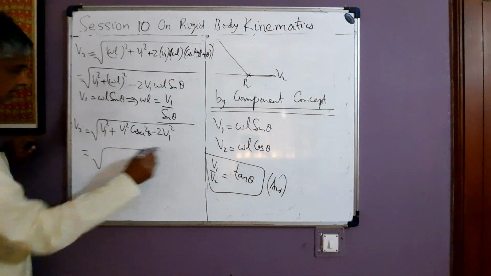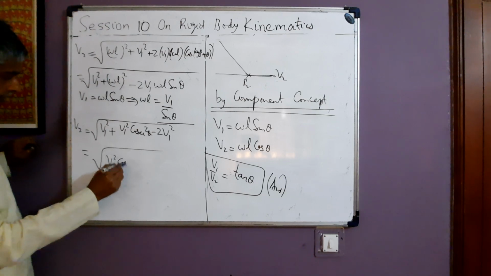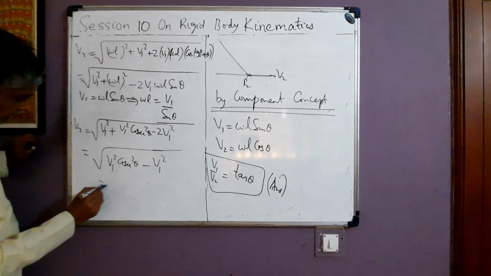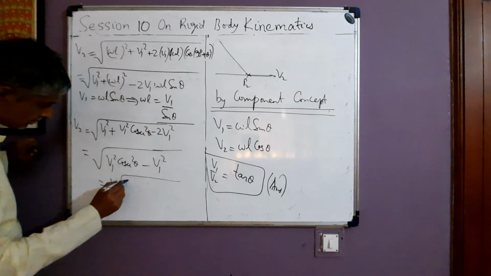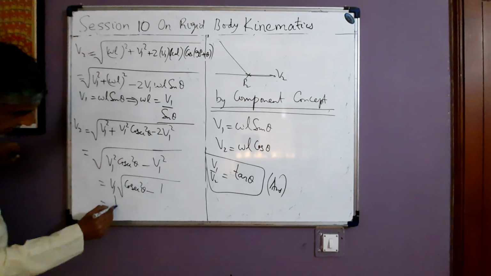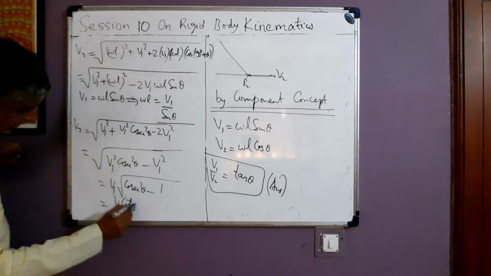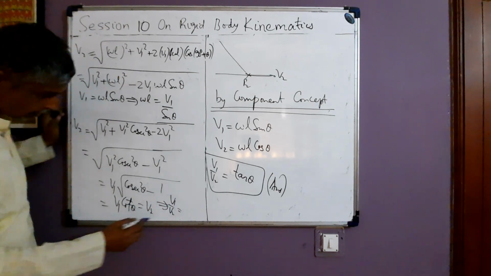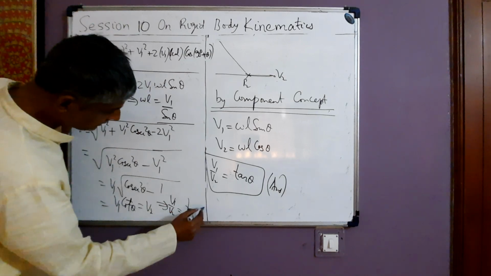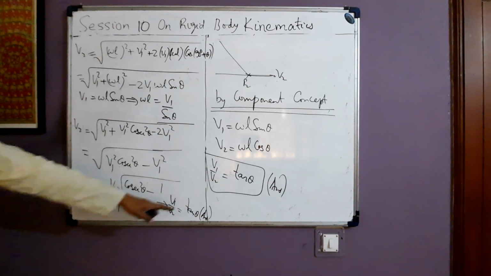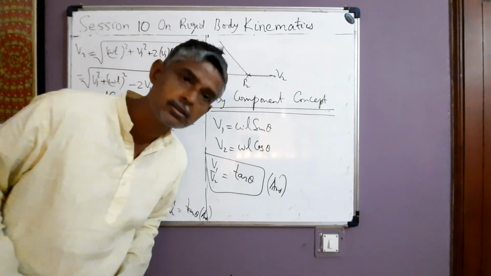So this becomes V1 square cosec square theta minus V1 square. V1 common, root under cosec square theta minus 1. This is only cot theta. V1 cot theta is equal to V2. So V1 by V2 becomes 1 by cot theta, that is tan theta, the required answer. So V1 by V2 is tan theta. That is therefore the required answer.